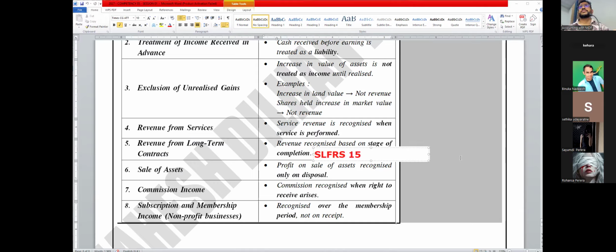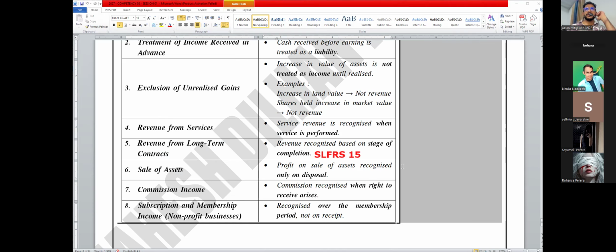In a long term contract, revenue is determined based on this one. This is the major standard applied there: Sri Lanka Financial Reporting Standard number 15. It states that if you have received revenue for a long term contract, you have to recognize the revenue based on the stage of completion. Remember that.